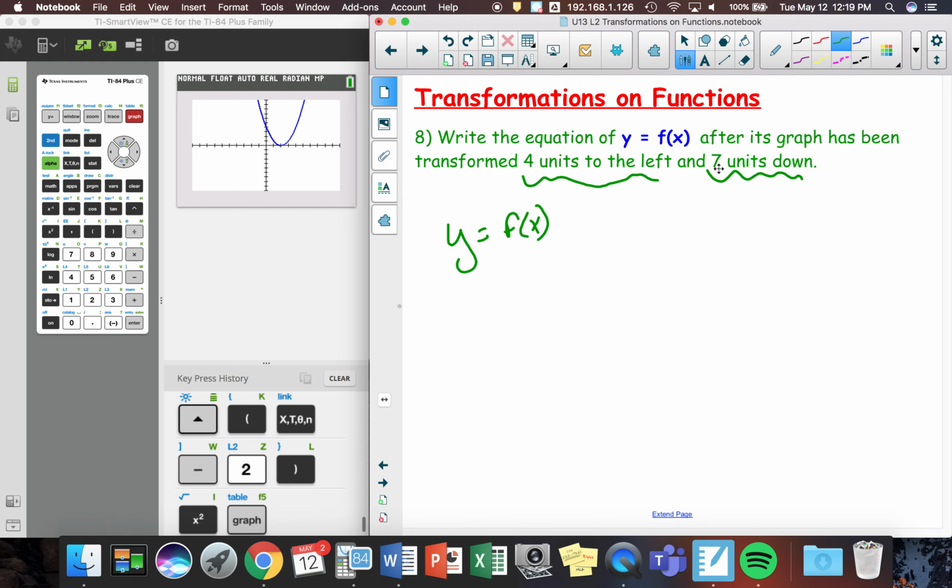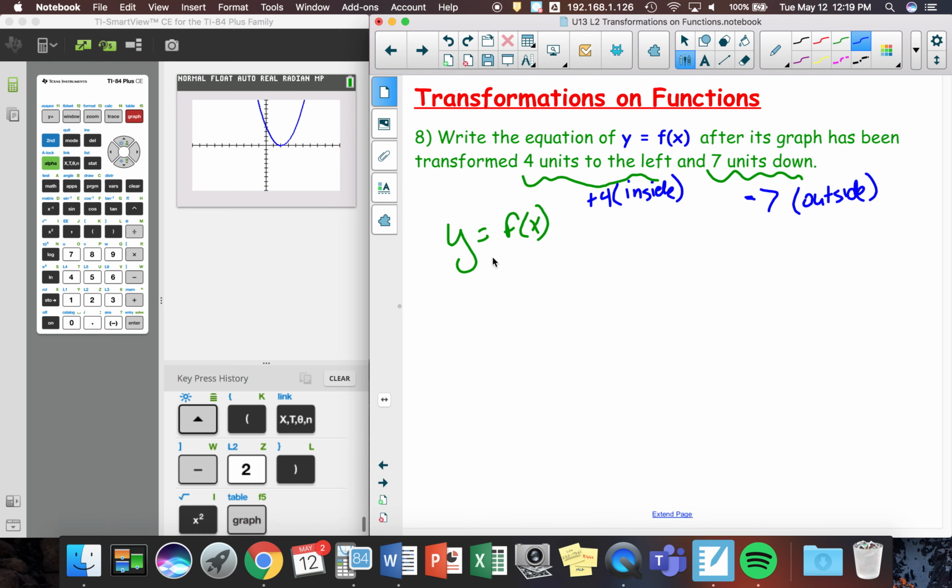It makes it a lot easier for me. So this means that, since it's going down, I subtract 7 on the outside. And since it's to the left, I need to add 4 units on the inside.